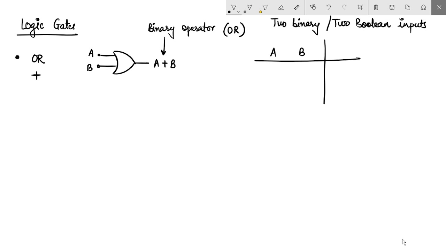That each of these variables, A and B, can take a value of 1 or 0. They can take a logic value true or false, high or low, 1 or 0. These are the only two values that a Boolean variable can assume.